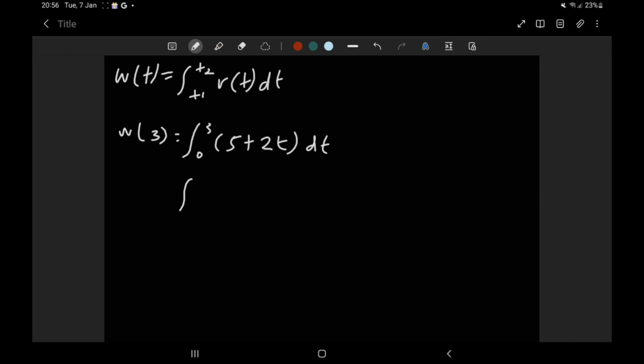The integral of 5 plus 2t can be calculated term by term.